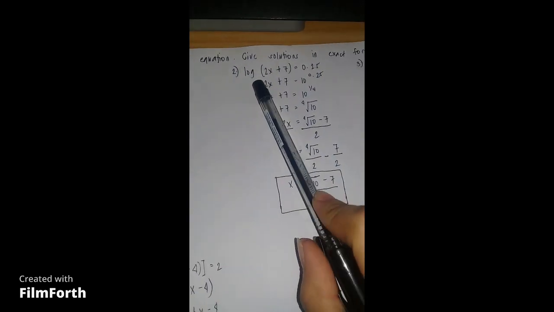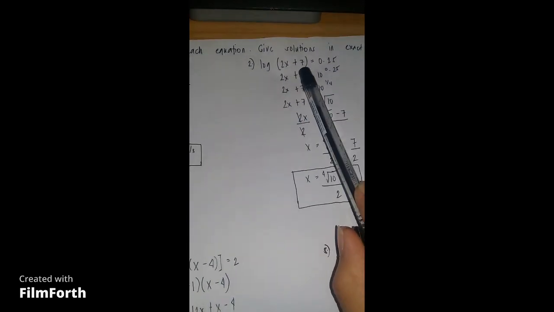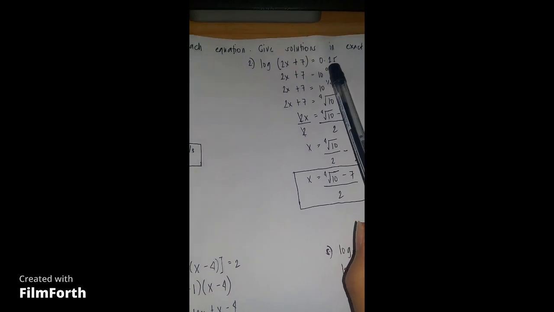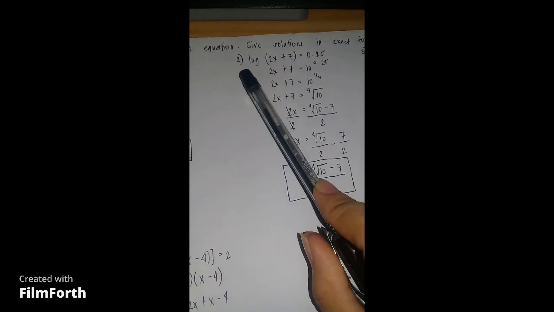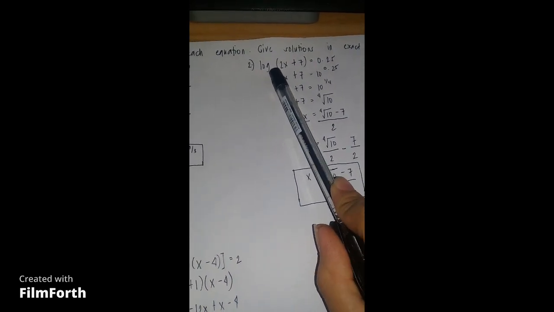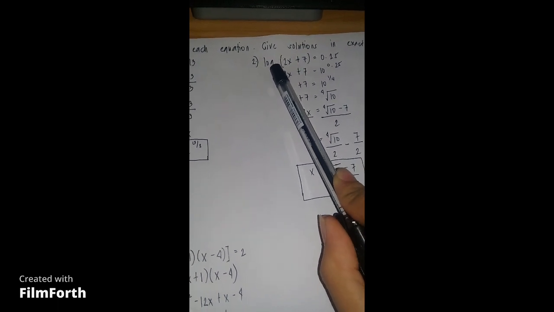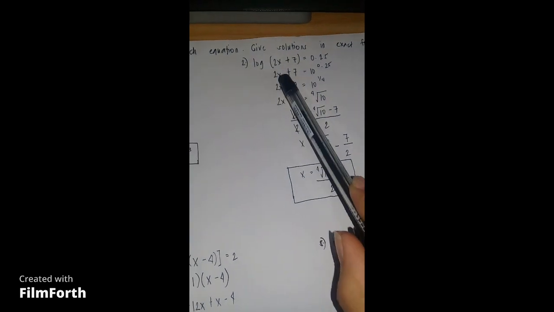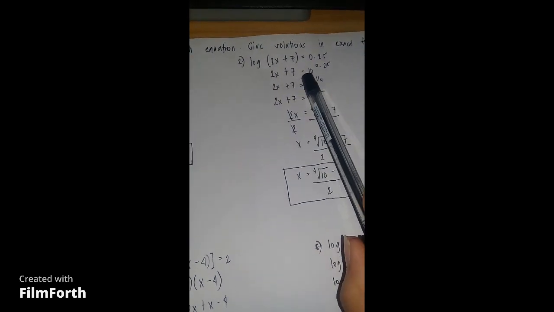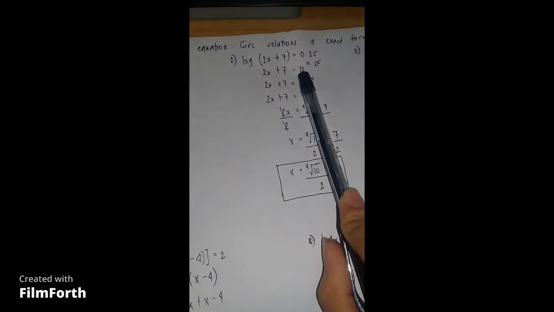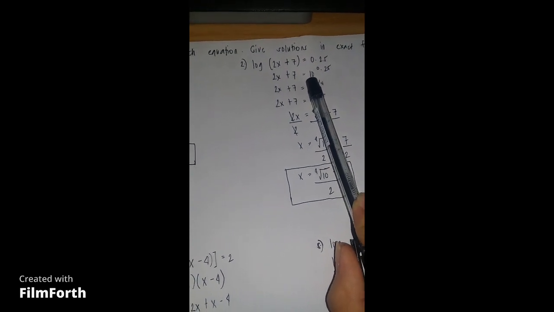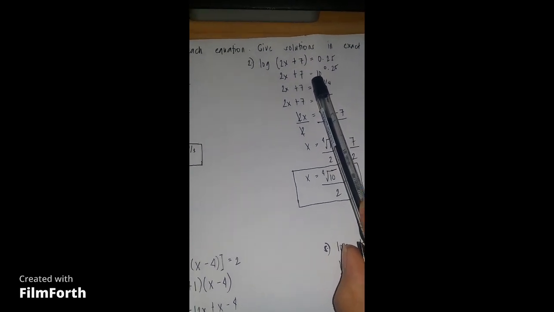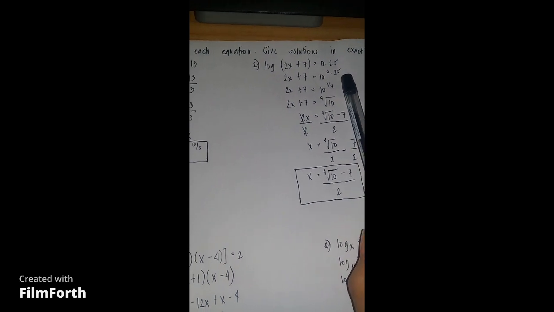So, log of the quantity 2x plus 7 equals 0.25. If there's no number here as the base, it must be equal to 10. So copy 2x plus 7 equals, and we put here 10 raised to 0.25.